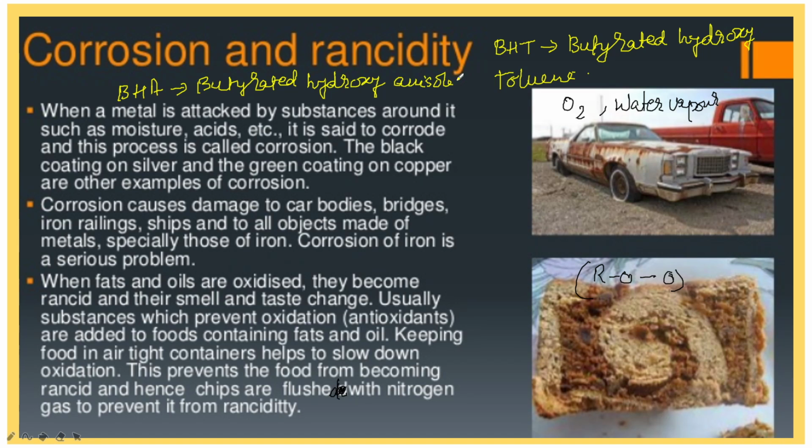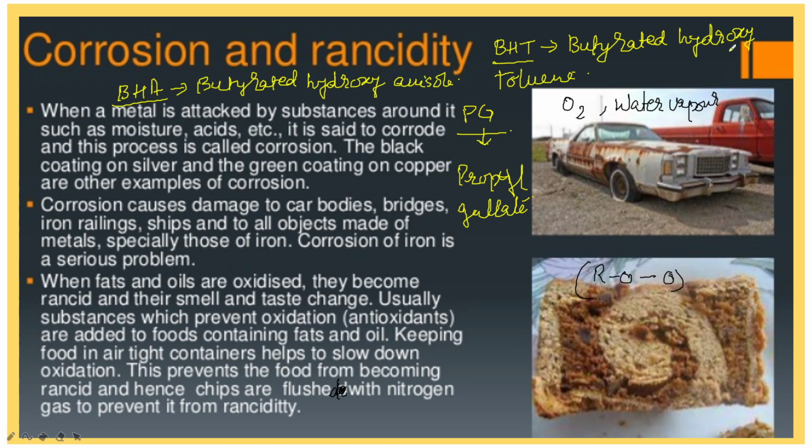So these two are very useful food grade antioxidants, BHT and BHA, and propyl gallate is another, PG. The oxidation of food is also prevented by adding small quantities of permitted synthetic antioxidants: BHT, BHA and PG.